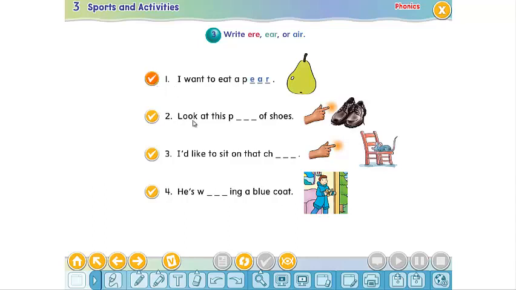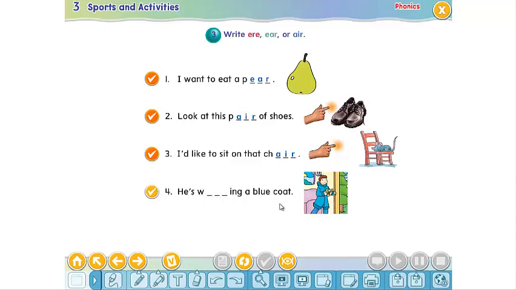Okay. Look at this pair of shoes. يعني زوج من أحذية. Pair, AIR, pair. I'd like to sit on that chair. C-H-A-I-R, chair. Like bear, chair.